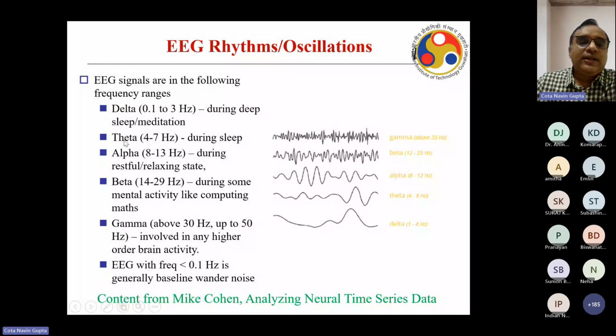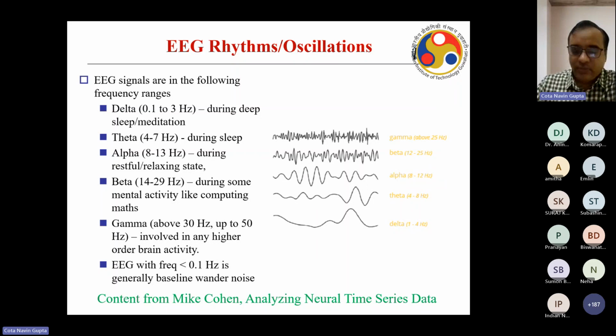Theta is also evoked during sleep, so during sleep both delta and theta are evoked. During a relaxation phase, you will have alpha rhythms, and beta is evoked when you do some mental task, and gamma is evoked when you do some high-order brain activity. So from the recorded brain signals, we can roughly say what state the brain is in.